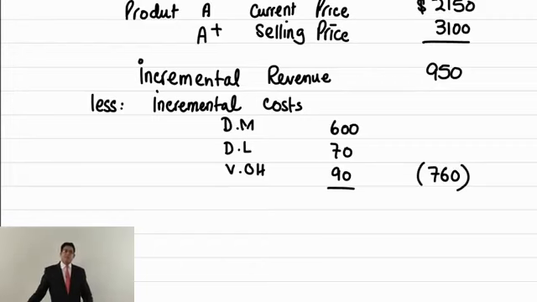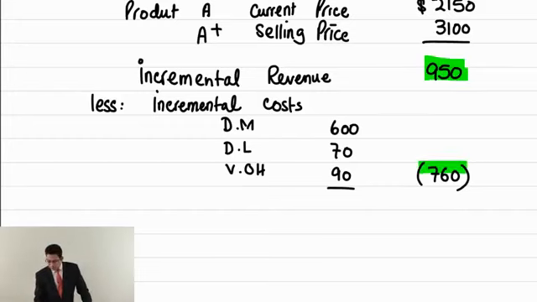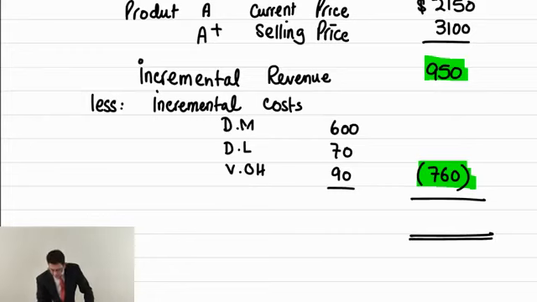So if we convert A into A plus, we will generate additional revenue of $950 after spending a cost of $760, and I think it would still generate an incremental profit after further processing.